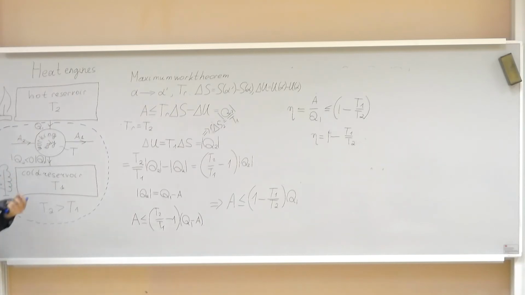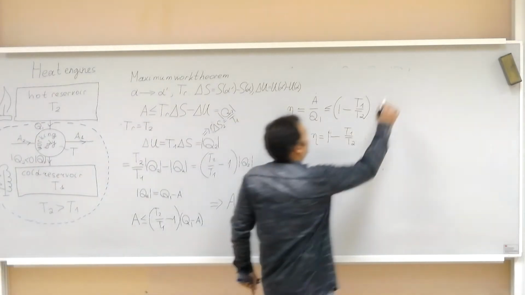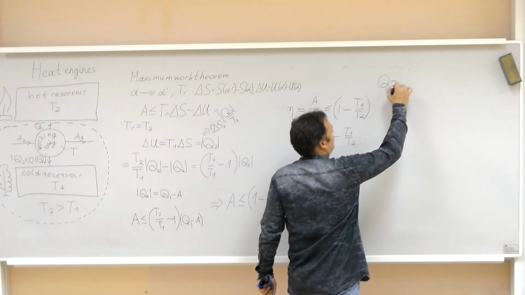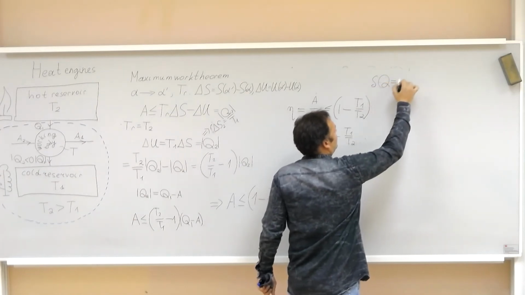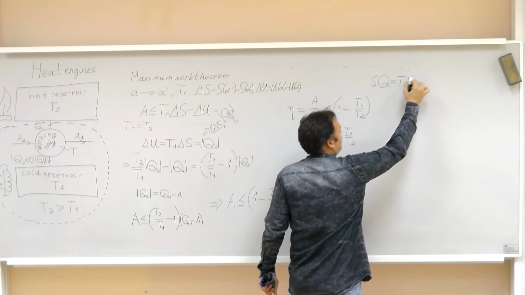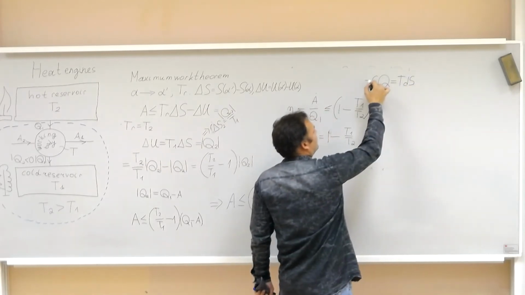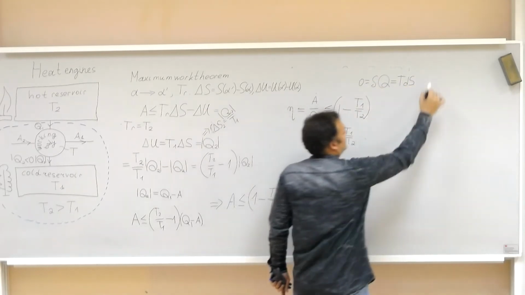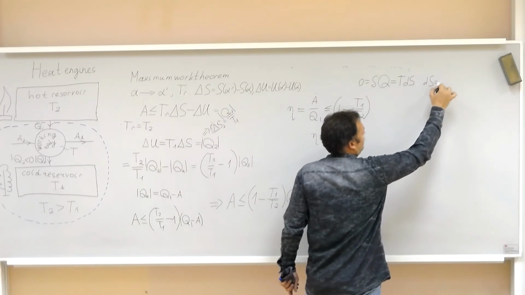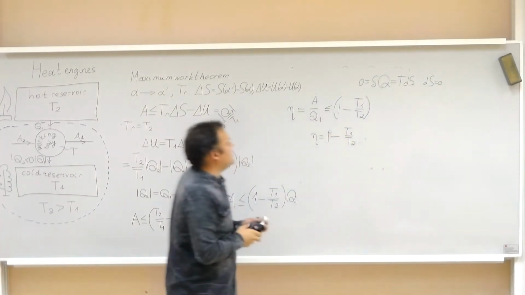Its process should be reversible, so the entropy is constant. So we apply the well-known formula, delta Q equals T dS. But if delta Q is 0, dS is 0. So entropy should be constant.